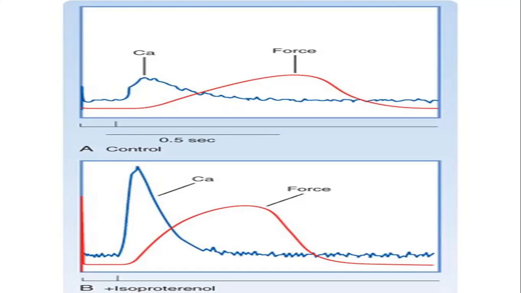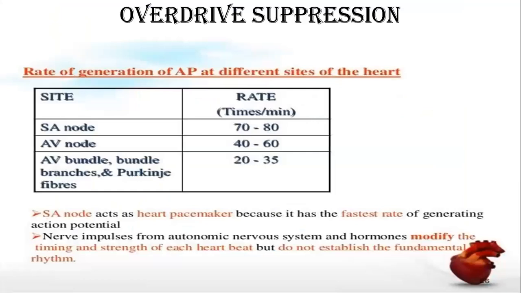The net result is that the sarcoplasmic reticulum releases more calcium into the cytosol during the next action potential, which promotes more actin-myosin interaction and hence increases the force of contraction. We have already learned about all these in the last class. So this was just a revision.